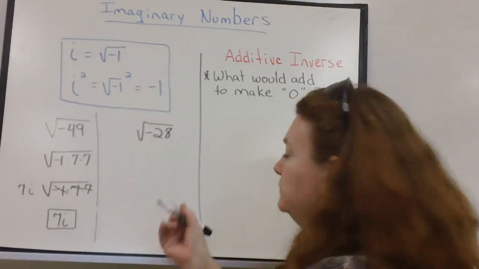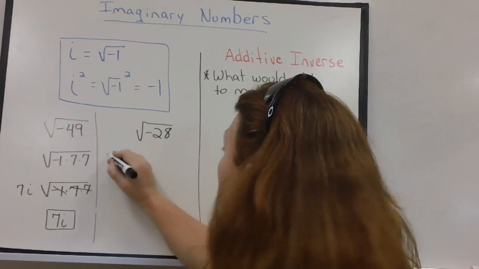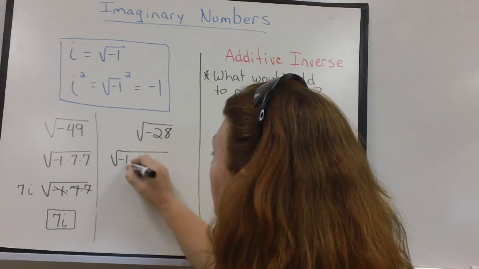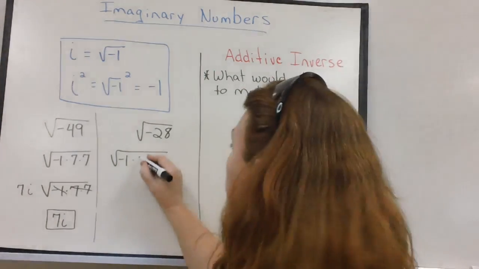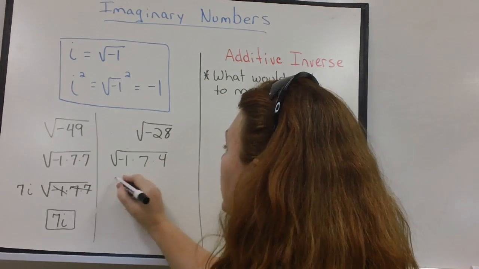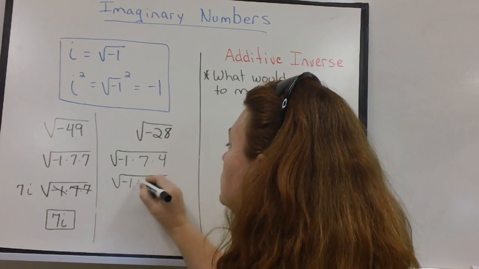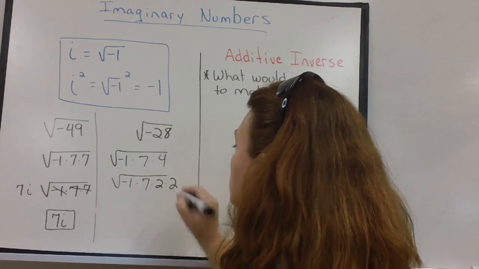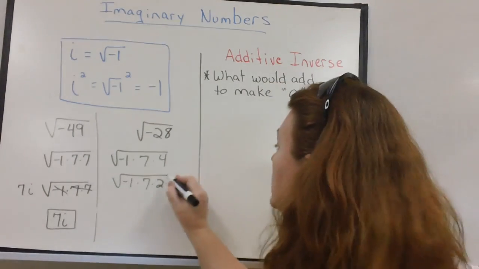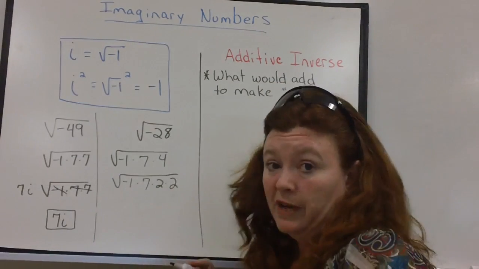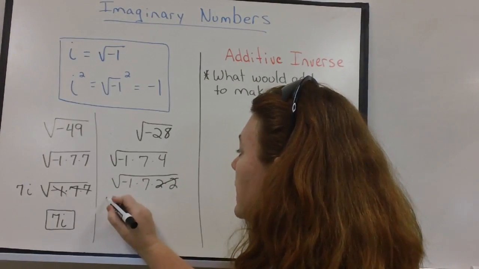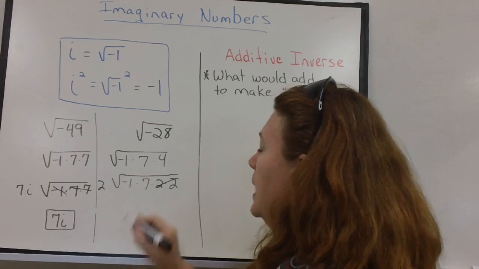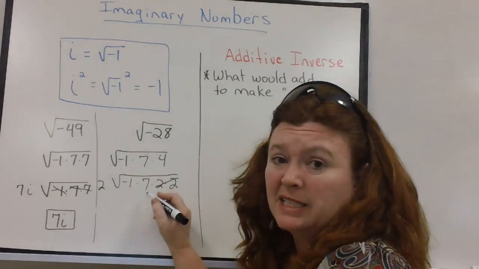Let's try another one. Square root of -28 would be -1 times, and 28 is 7 times 4, but I can break down the 4 and get 2 times 2. So, again, I'm looking for two of a kind, and I have a pair of 2s. So I could write the 2 on the outside. And I can't do anything with the 7, it doesn't have a match.